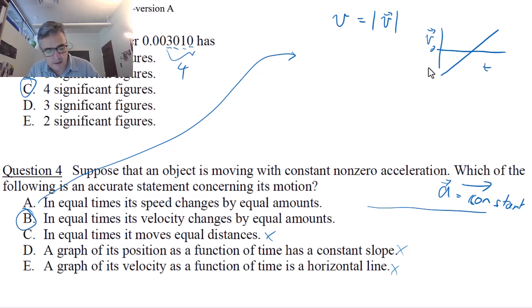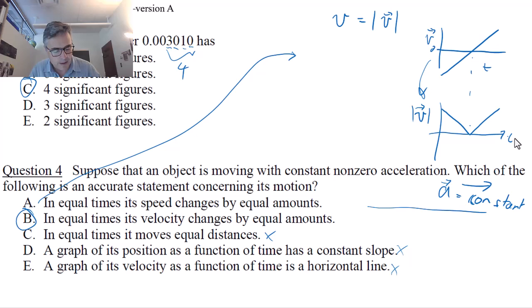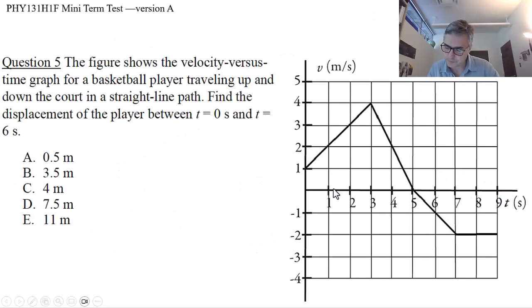If you look at the absolute value of that for this graph, then it looks something like this. It goes down, hits a 0, so it slows down, and then speeds up. So this speed is decreasing from here to here, then it's increasing. So different time intervals have different changes in speed. So that is why A is wrong.